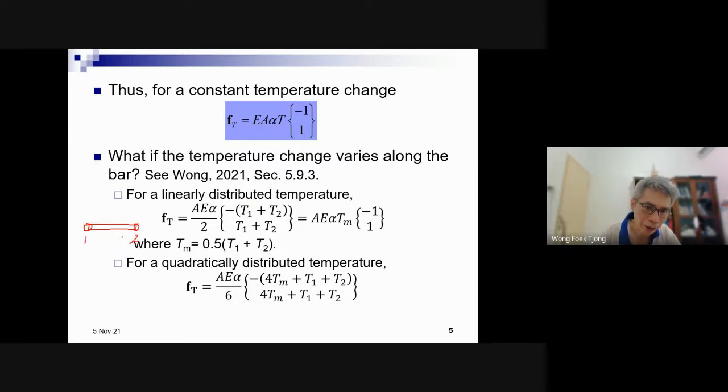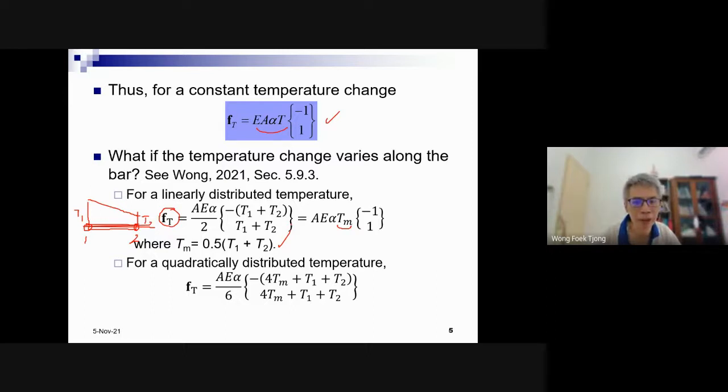Given the temperature change here is T1, and the temperature change here is T2, like this, a linear distribution, a straight line. Then the equivalent nodal force due to this temperature change is given by this one. Otherwise, we can write it like this, similar to this one: A, alpha, T, L, where T is the average of the temperature. So we can still use this format, but replace the constant T here with the average of the nodal temperatures, right?